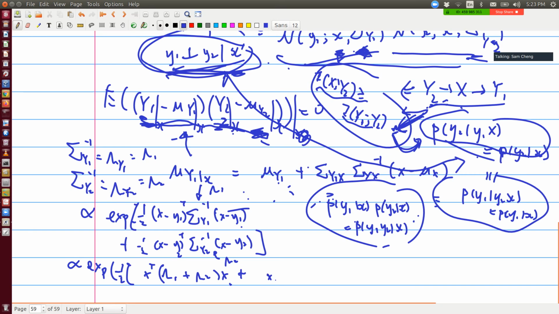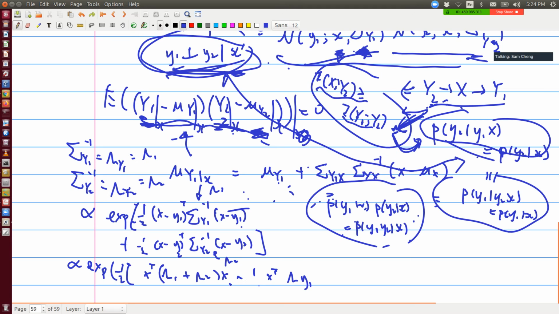For example, I have x transpose lambda, and I should have a minus term here, minus y1, x transpose lambda minus y1.